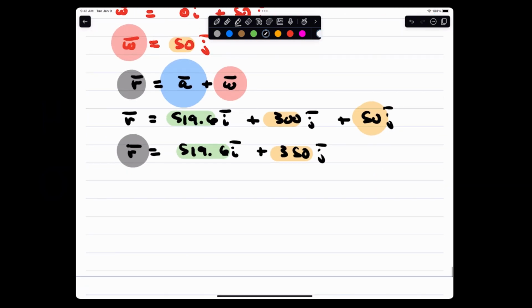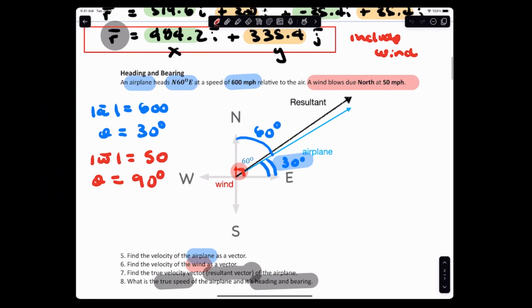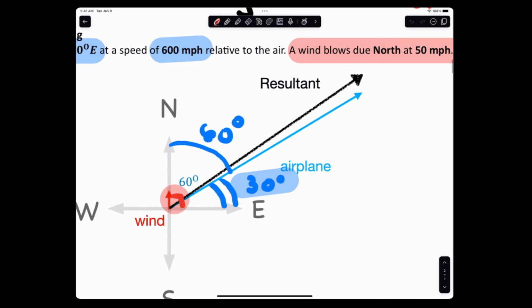So this is now with the wind. Back with that sheet here, this is what you're looking at, the black vector R.